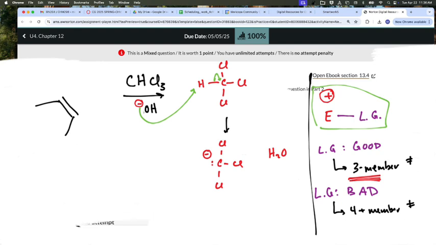The chlorines could be leaving groups. What kind of leaving group is chlorine? It's a good leaving group. And because we've already had this discussion, if it's a good leaving group, what should we get? A three-membered ring. To get that three-member transition state, the electrons came out to form the bond with that weird-looking negative carbon. Where do I get the electrons to make the other bond? The pi bond came out to share electrons with that weird-looking negative carbon.